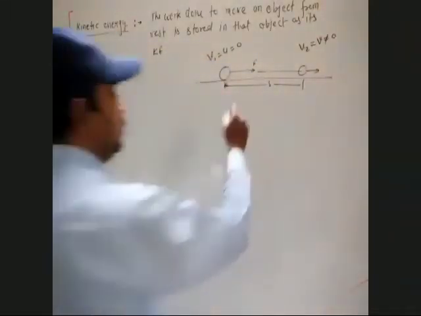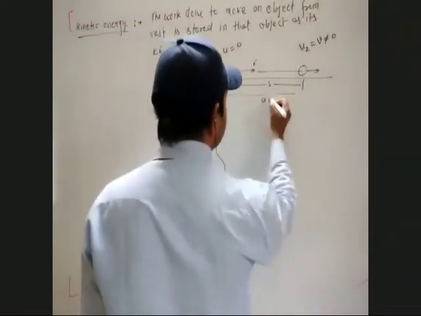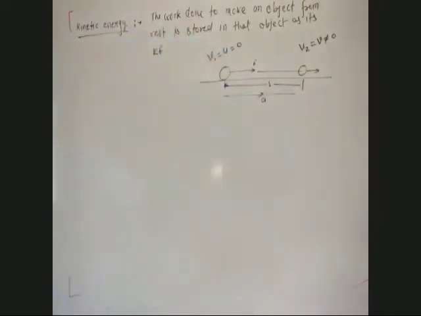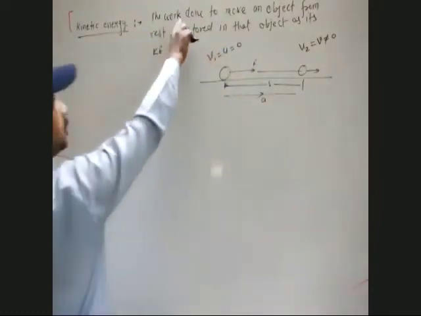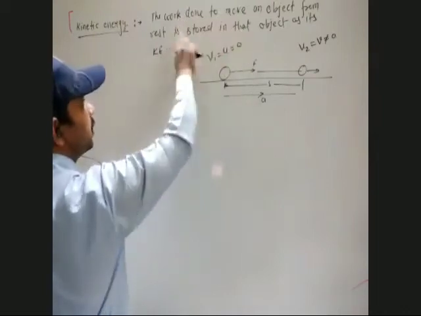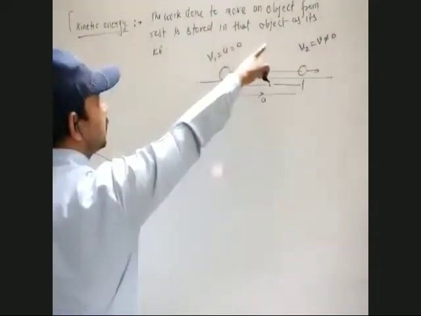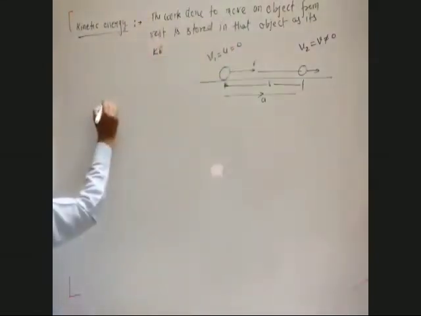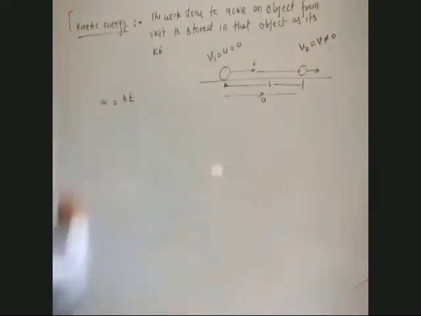That means this object has some acceleration here. As per the definition, work done to move the object from rest is stored in that object as its kinetic energy. That means work done is equal to kinetic energy.